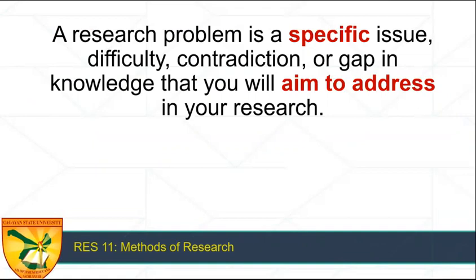So a research problem is a specific issue, difficulty, contradiction, or gap in knowledge that you will aim to address in your research. Your topic is interesting and you have lots to say about it, but this isn't a strong enough basis for academic research. Without a well defined research problem, you are likely to end up with an unfocused and unmanageable project.